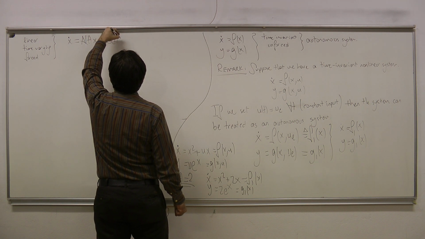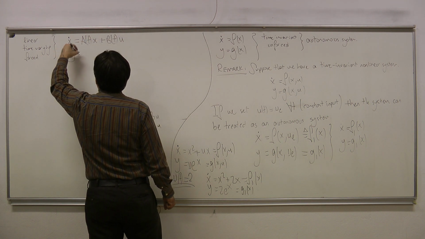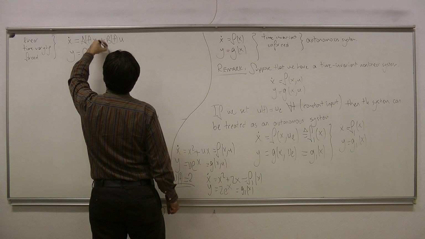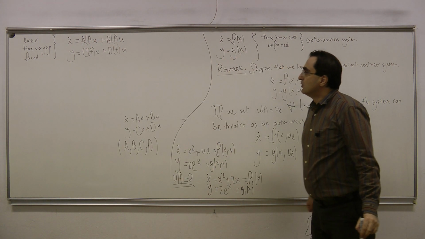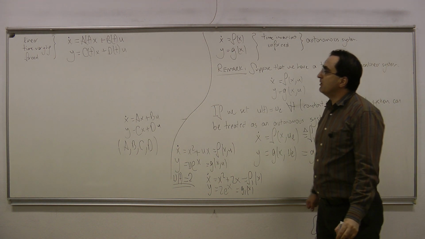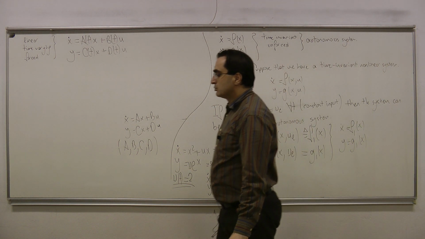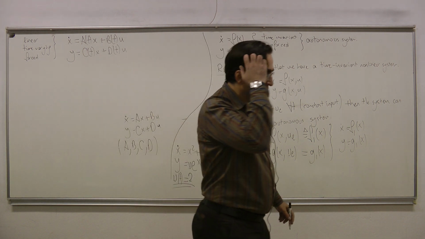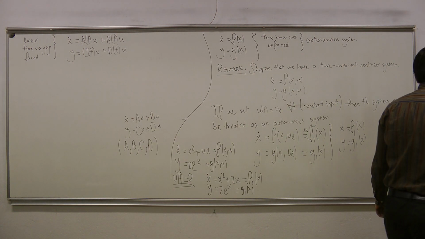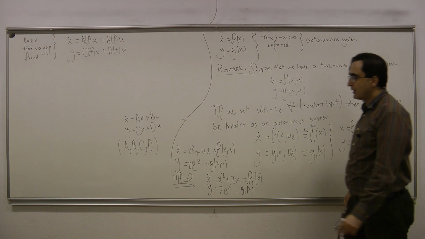B can depend on time, C can depend on time, and D can depend on time. Okay? So this is how a linear time varying forced system would look like. The A, B, C, D matrices are dependent on time, and if they are dependent on time, then the system becomes time varying.